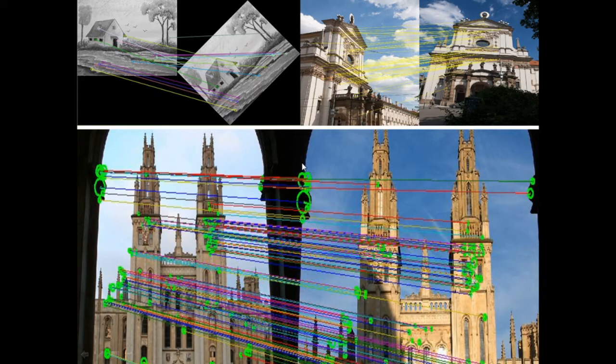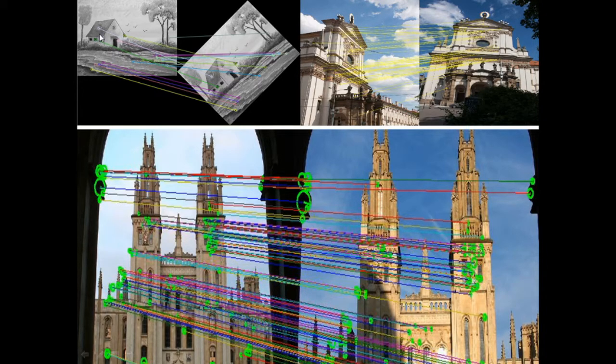So the main agenda of the SIFT algorithm is that it is useful for detecting the stable points or the interesting points in the images such that I can determine the correspondence between the two given images.